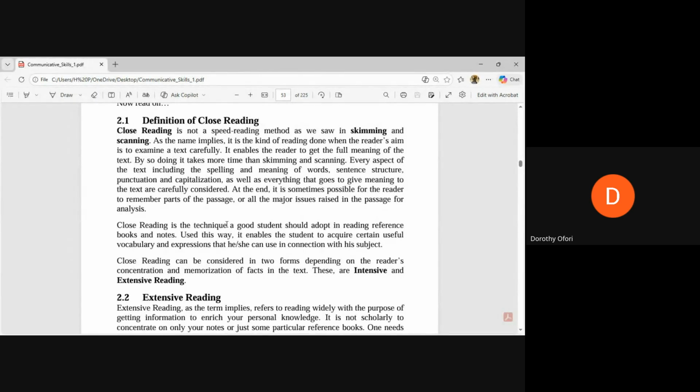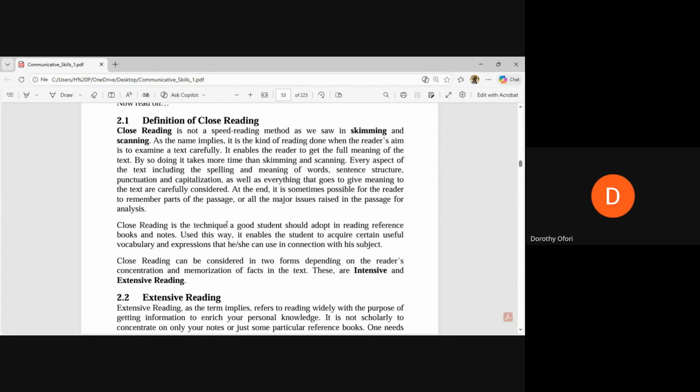So close reading involves slow, careful reading to understand both the surface meaning and the deeper meaning.